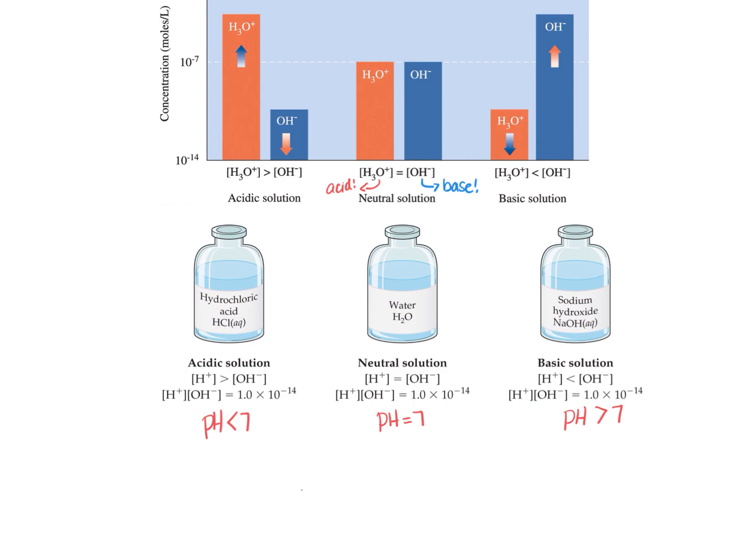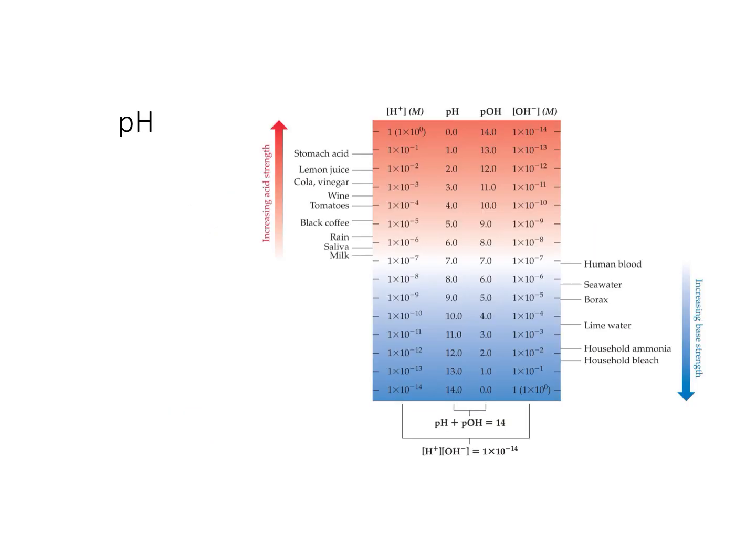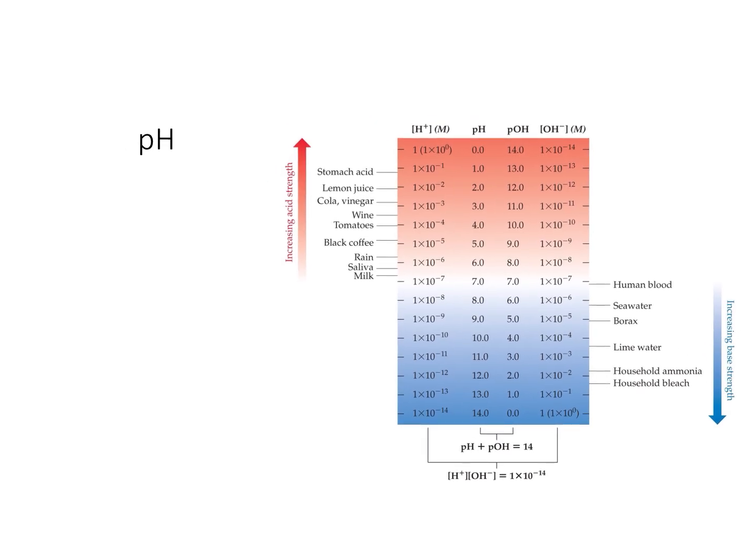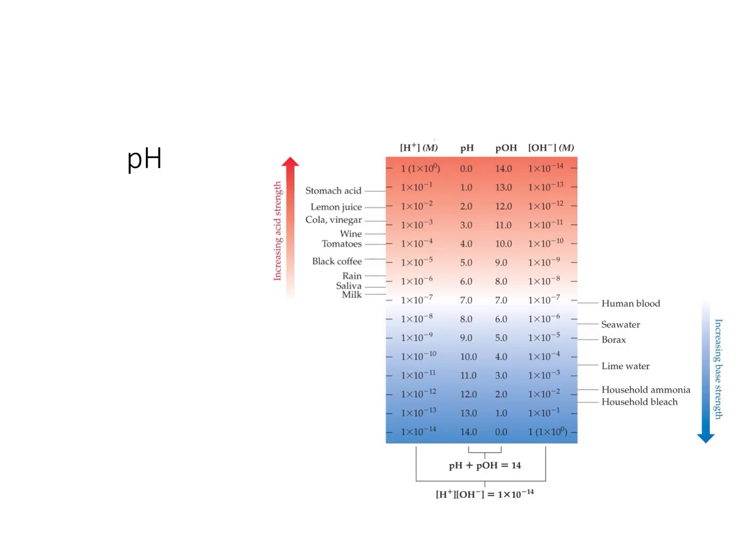So let's talk a little bit about what pH is and how we calculate it. There are a few things that you need to note when we talk about pH. When we talk about the concentration of either the hydroxide or the hydronium ion, you are going to notice first off brackets.